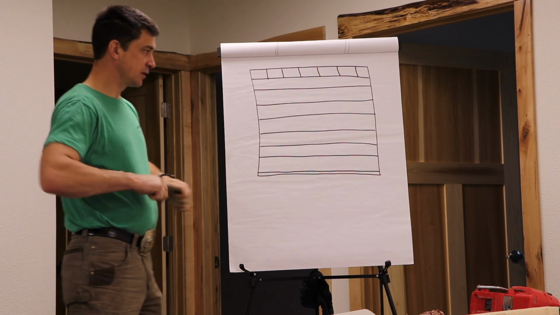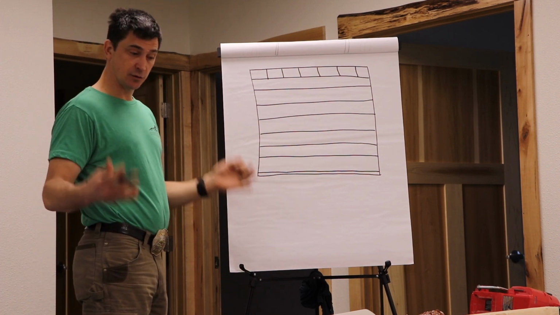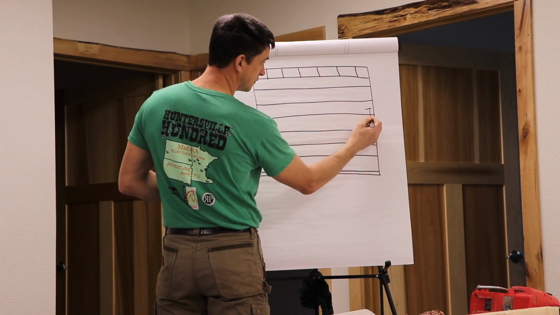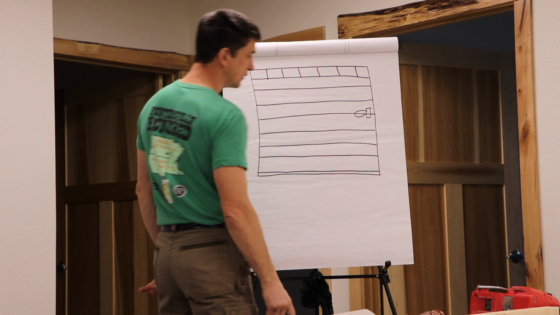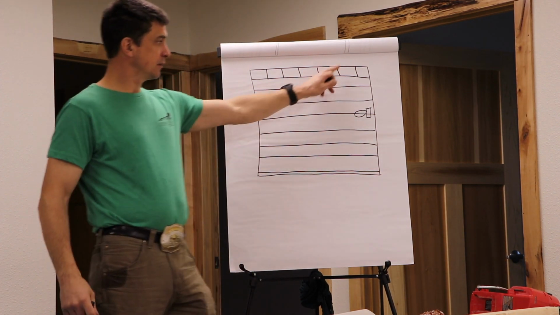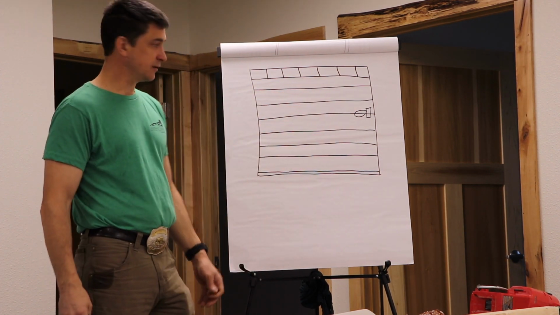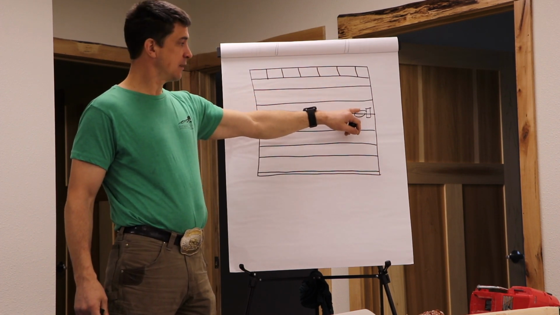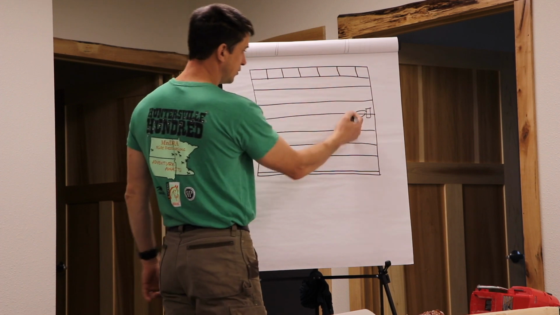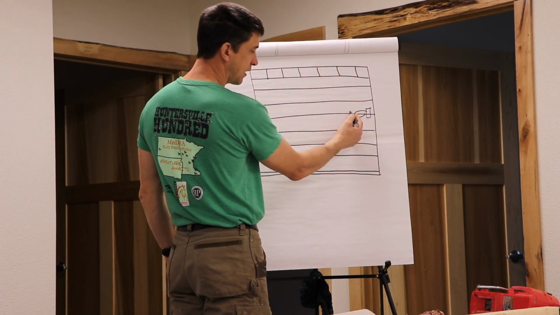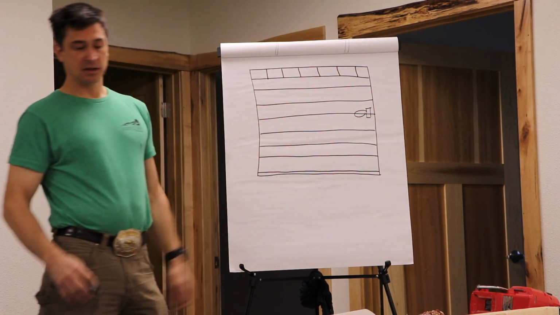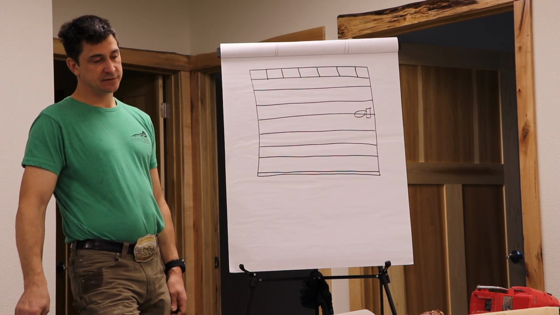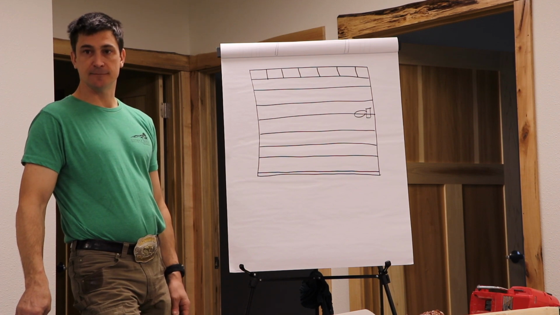But if we look on our plan, which it's your responsibility to look on your plan and be like, oh, we got a toilet right here, and you look at the plan and you're like, all right, it's going to be 13'6" from the outside to the center of the toilet, and you pull that and you're like, ooh, our joist lands at 13'3½". That's a little bit closer than I'd like to be.